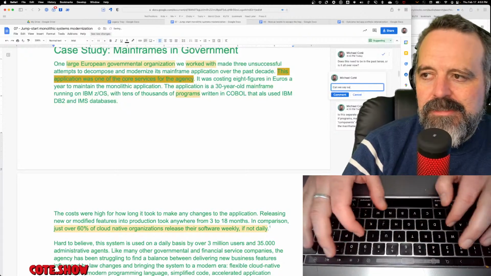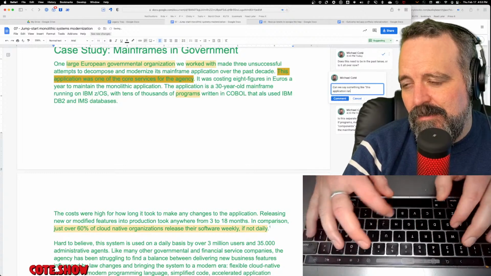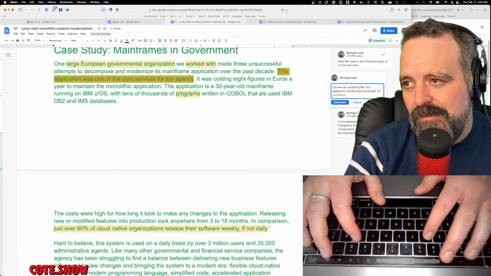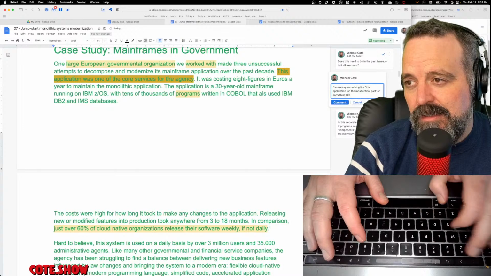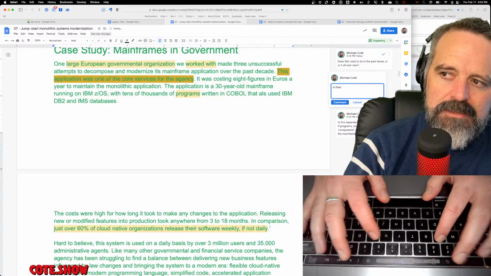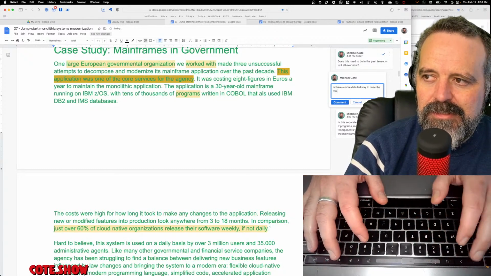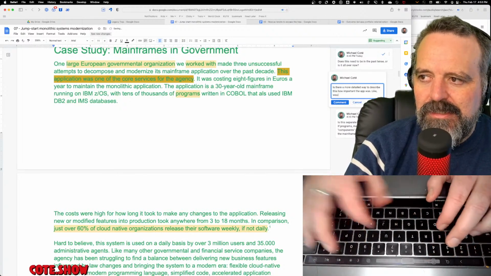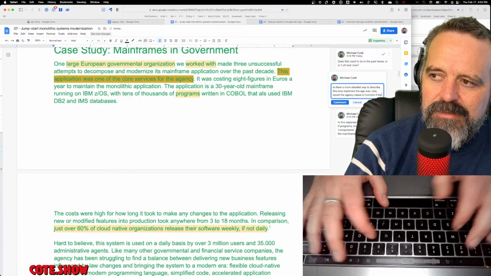Let's see, can we say something like this application ran the most critical part? Is there a more detailed way to describe how important the app was? Like, would the agency cease to function if the app was down?